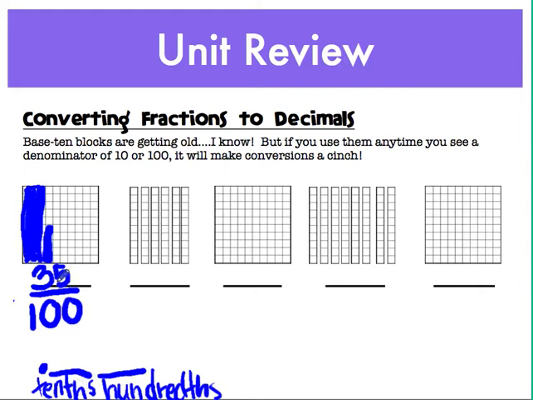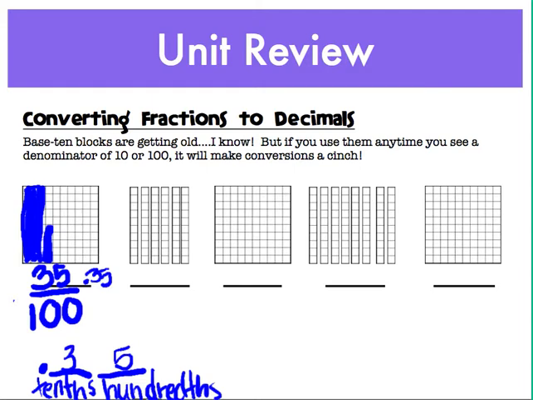So we know that the 5 will end in the hundredths place. So place the 5 here and place the 3 here. And we simply have 35 hundredths. So if you're writing it as a decimal, it's going to be decimal 35.